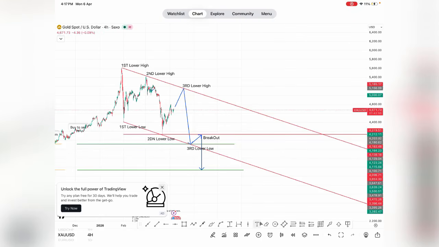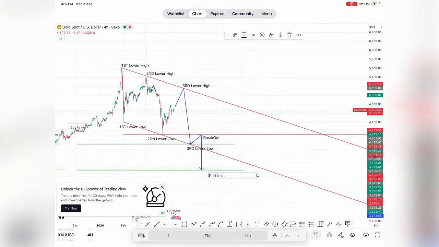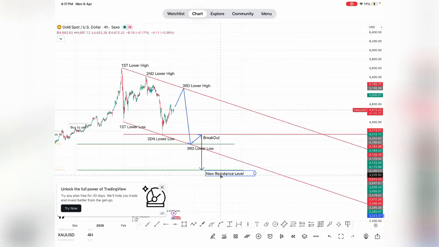Then we expect a new resistance level to be here. So our resistance level, a new resistance level to be formed here. This should be our new resistance level.